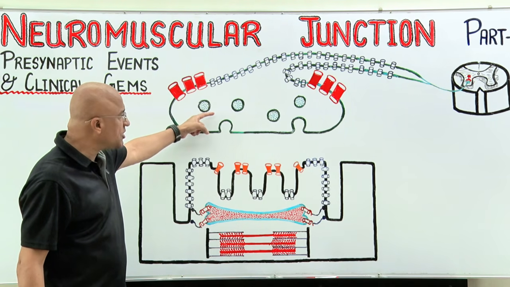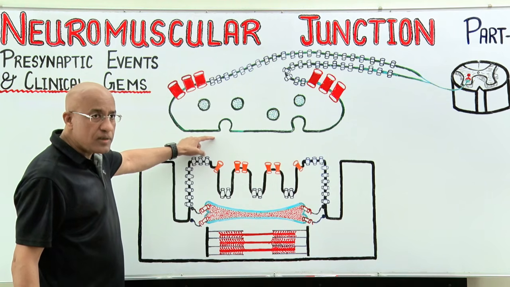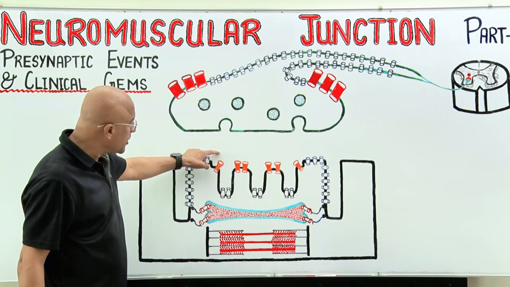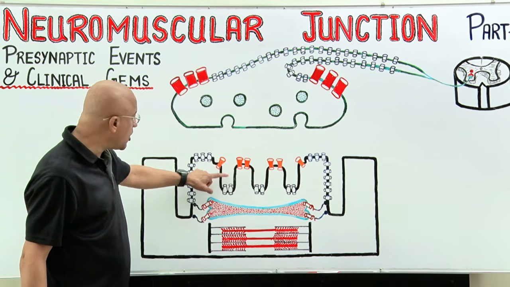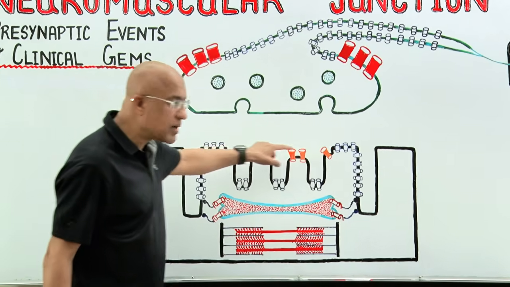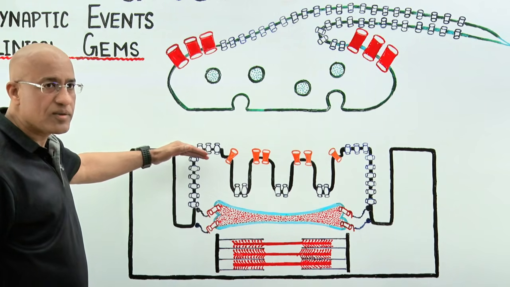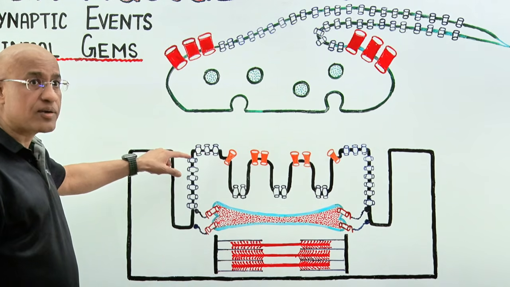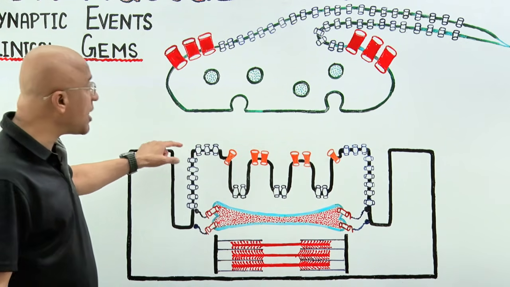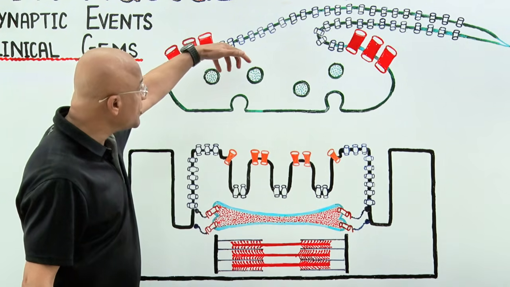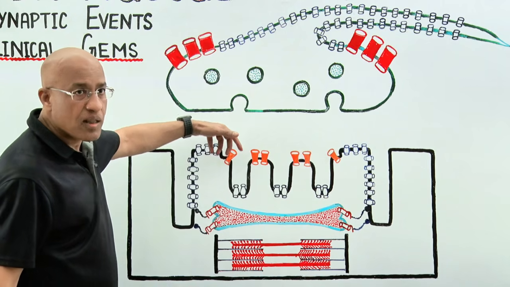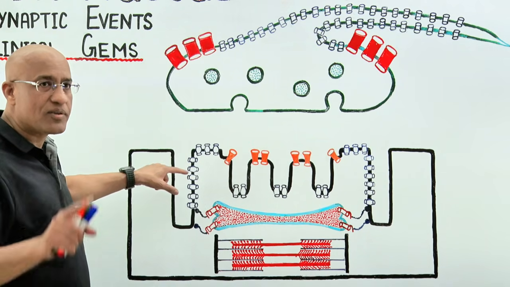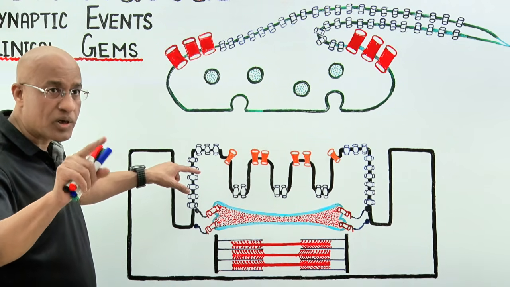The chemical message transfers from the presynaptic button to the synaptic cleft, and then reaches the postsynaptic membrane, this part of the skeletal muscle where the nerve ending is joining. This part of the sarcolemma where the terminal button comes is called the motor end plate.